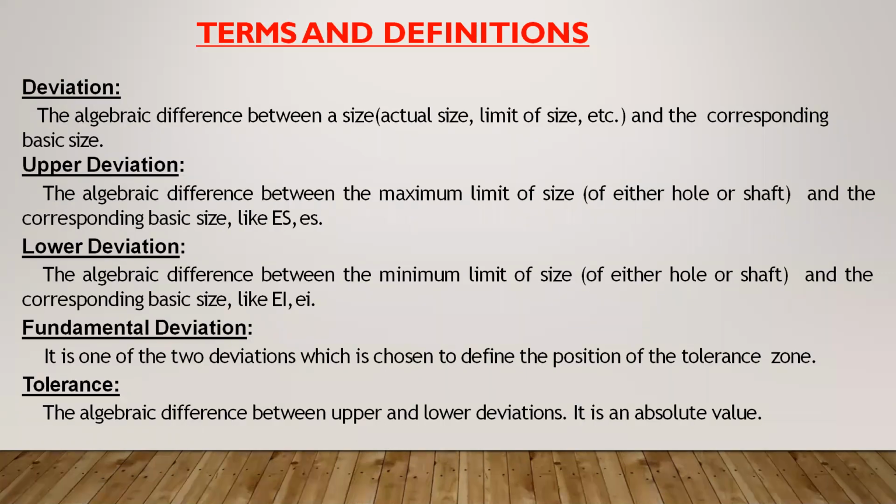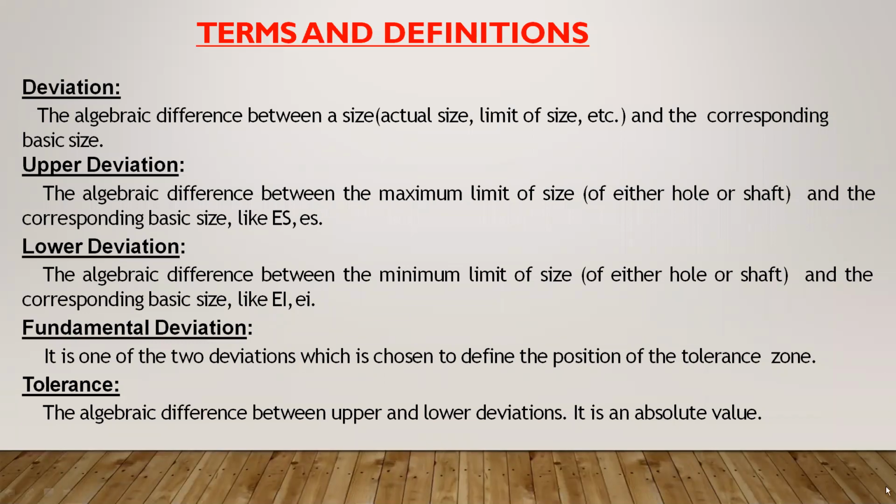Next one is the deviation. So the algebraic difference between a size, that is the actual size or limit of size, and the corresponding basic size can be defined by the deviation limits.